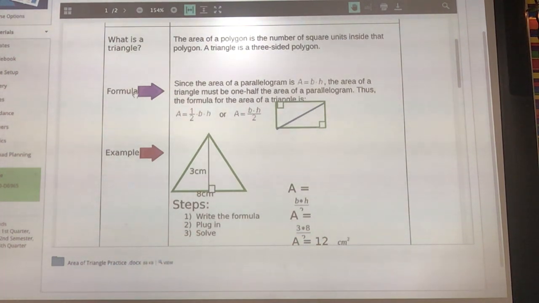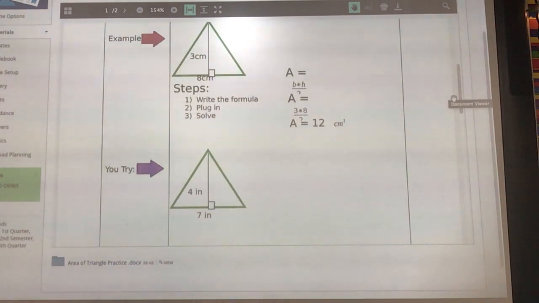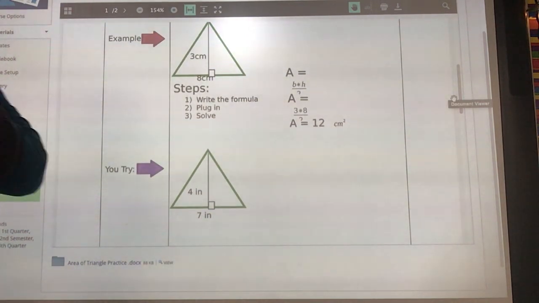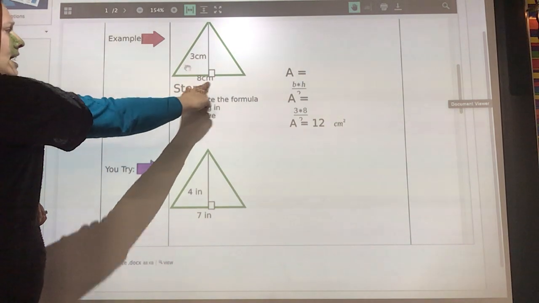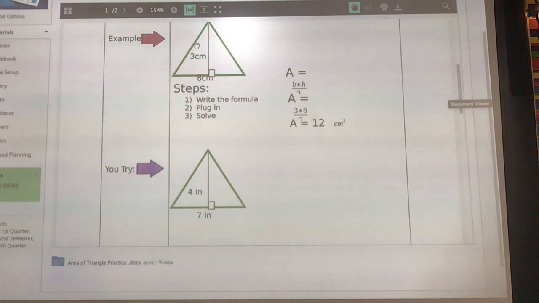All right, so they have an example here. Okay, they have this triangle here, and I see we have 8, and I see we have 3. Okay, what's that 3 representing? My what? Everybody?